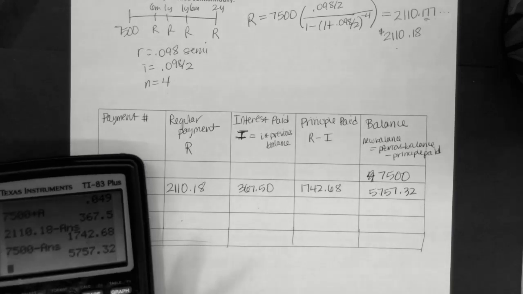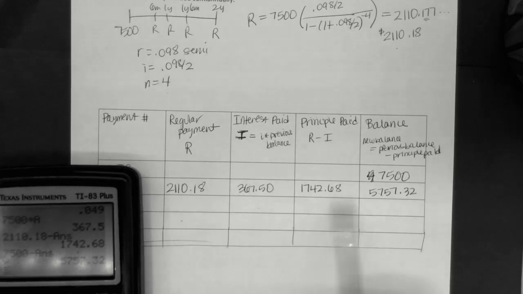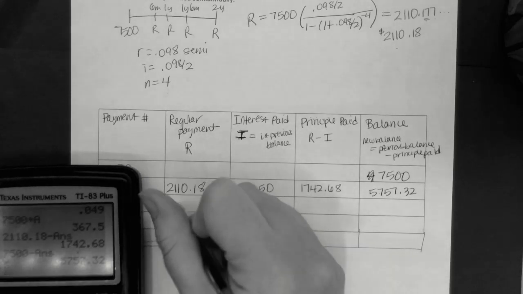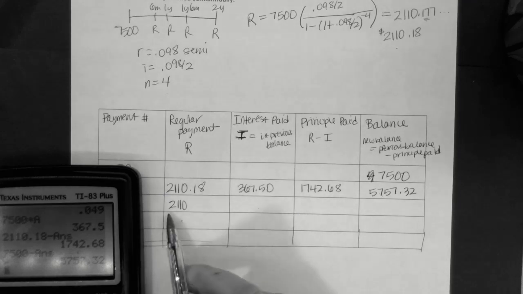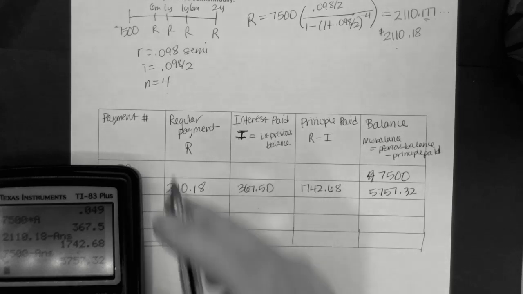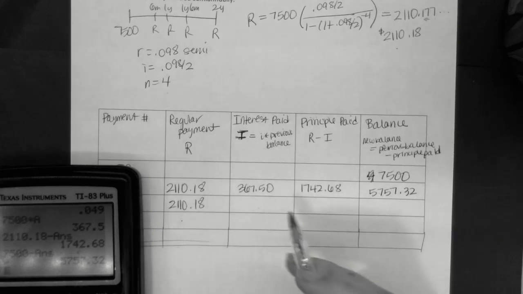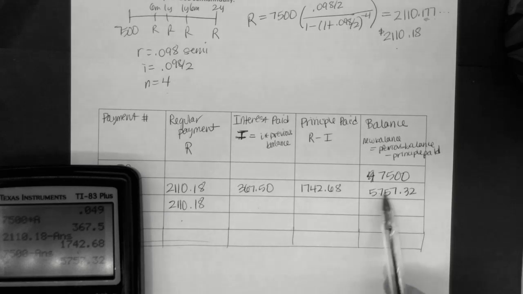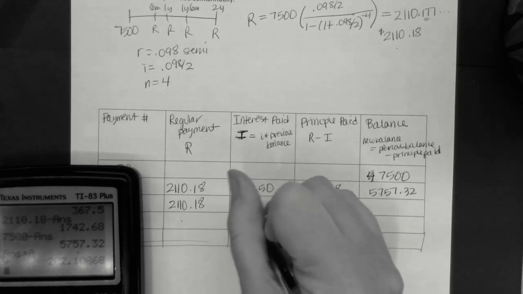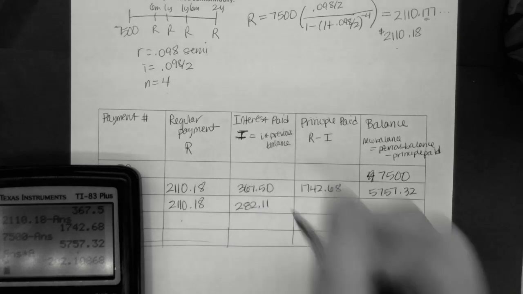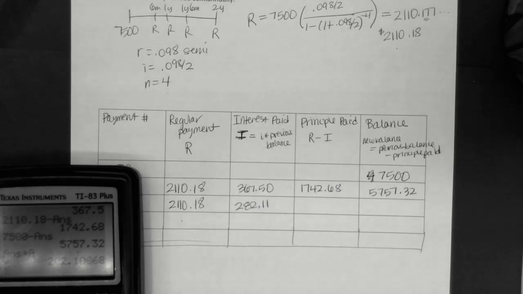So let's do it again for number 2. So we're going to do the same process. Our regular payment hasn't changed. It's still $2,110.18. Interest paid is now going to be based off of this $5,757.32. So I'm going to take that and multiply it by my A. So I get $282.11 rounding to the nearest penny.